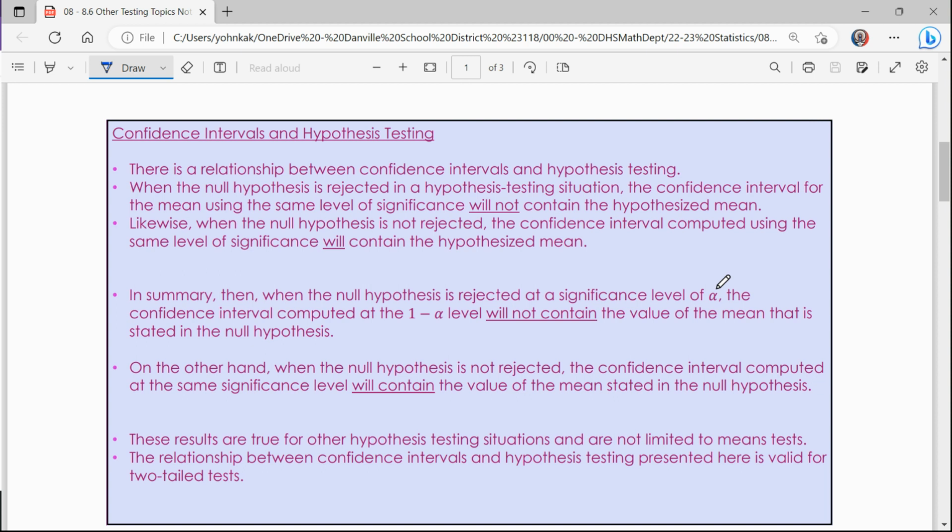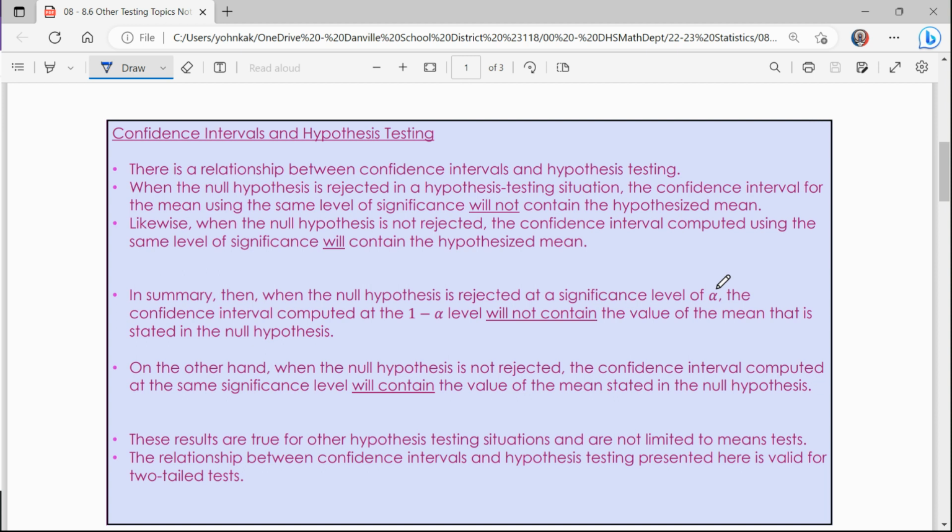Likewise, when the null hypothesis is not rejected, then the confidence interval computed using the same level of significance will contain the mean. So they go hand in hand, they work together, and they are essentially two different views of saying the same thing.